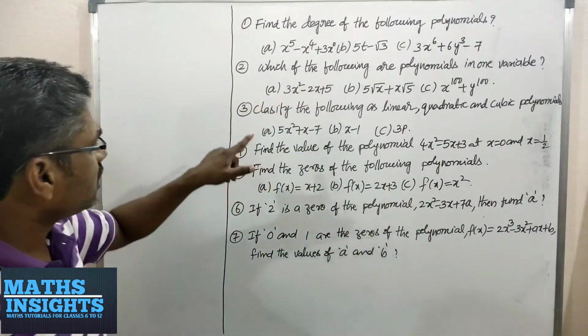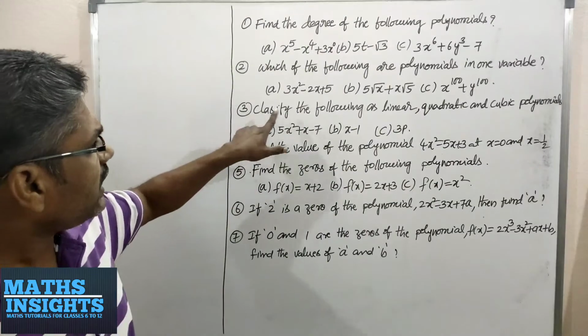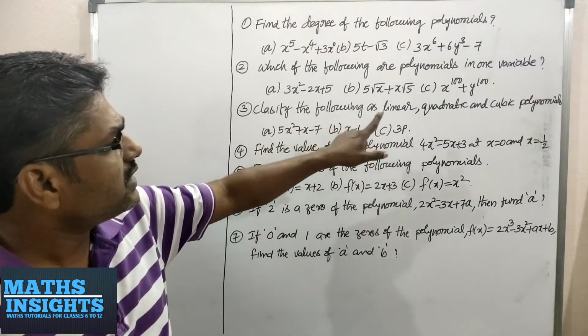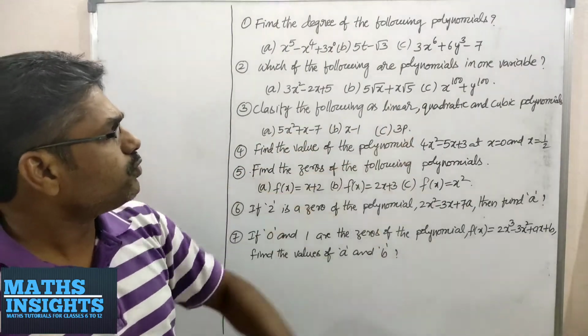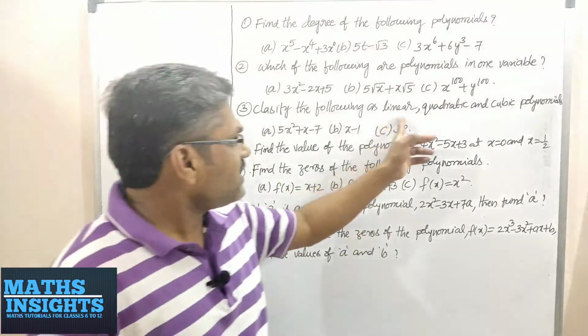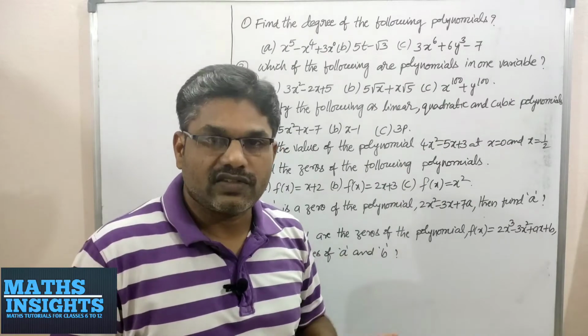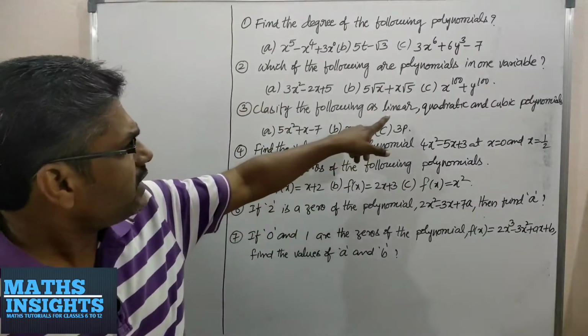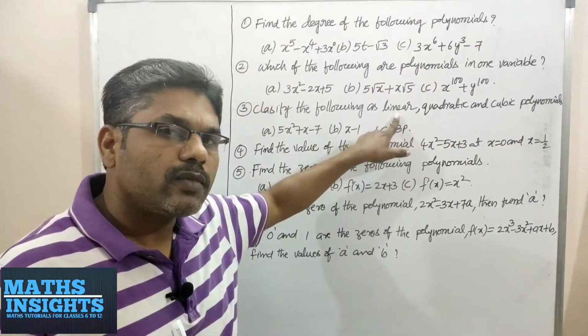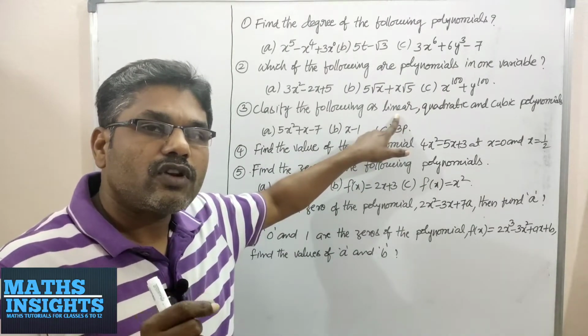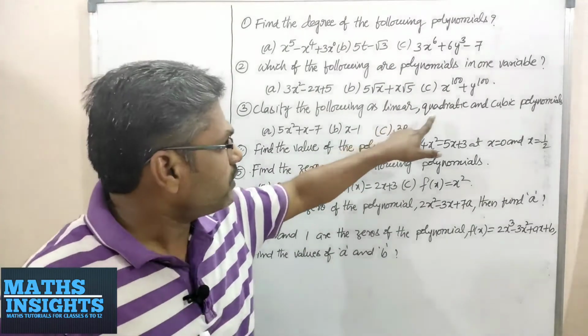Next, coming to the third question, classify the following as linear, quadratic and cubic polynomials. This is the classification of polynomials depending on their degrees. Linear means if the degree of the polynomial is 1, then that polynomial is said to be a linear polynomial.